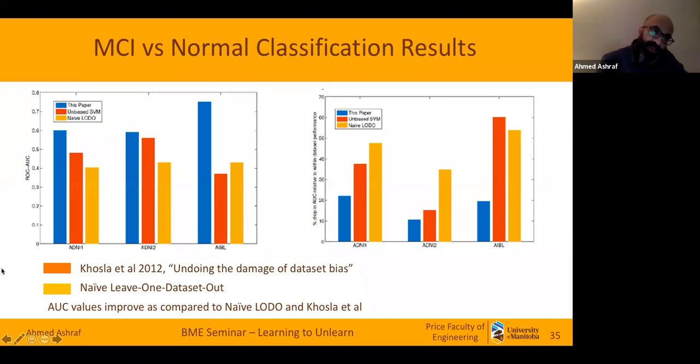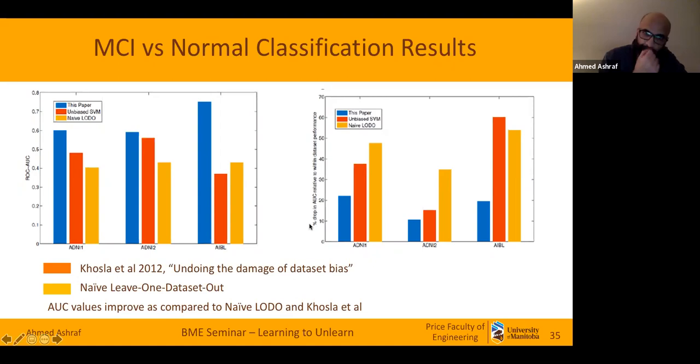And as it turns out, although the improvement in each case was different, in the case of this AIBL data set, both of these methods performed very badly, and somehow our method was performing very well. Here it was a marginal improvement in terms of the area under the curve of the ROC, because it's a 2-class problem of distinguishing between MCI, mild cognitive impairment, versus normal.